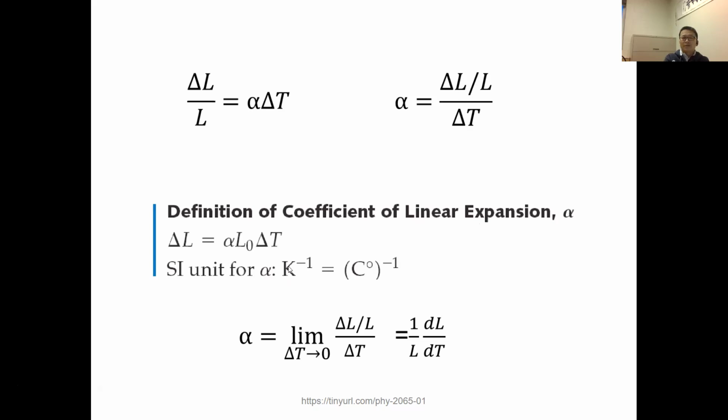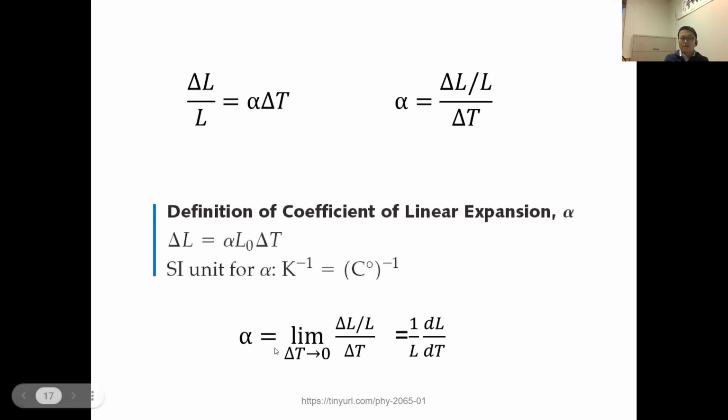Alpha has an SI unit of inverse Kelvin, because delta L will be in meters and L will be in meters, so those two cancel. Delta T will be in kelvins or in degrees Celsius, because for increments of temperature, Kelvin and Celsius are the same. A 5-degree increment in Kelvin is also a 5-degree increment in Celsius. So either one works, referring to delta T.